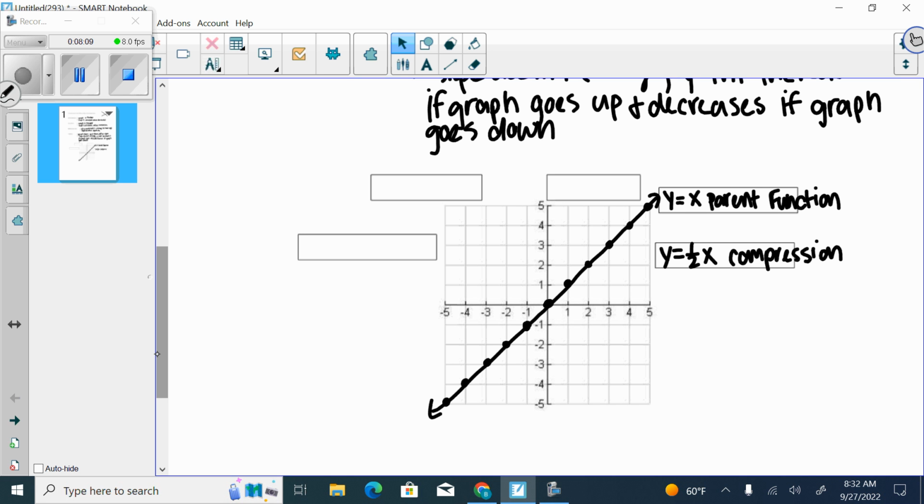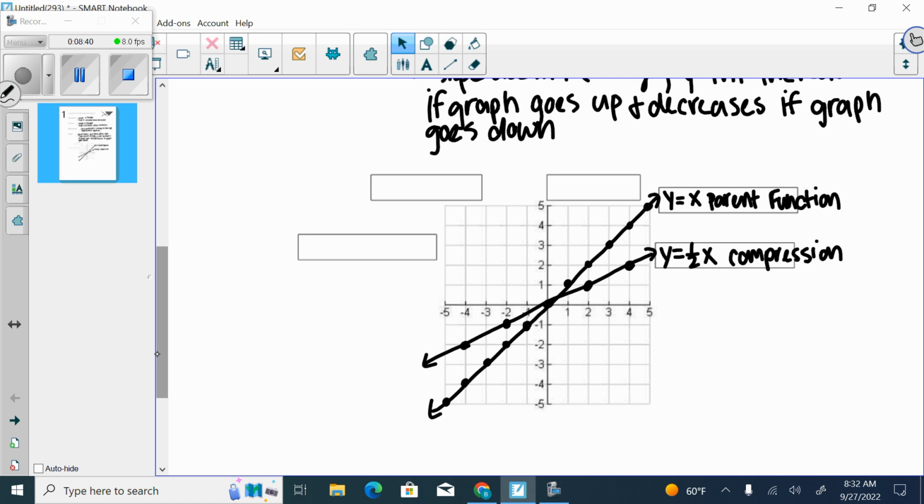This is showing our compression, still starting at 0, 0. We're not going to move it anywhere, but instead of going up 1 over 1, I'm going to go up 1 and over 2. And we said that this means the line gets flatter. Well, it's definitely flatter than the parent function, right? Going over more than it's going up.